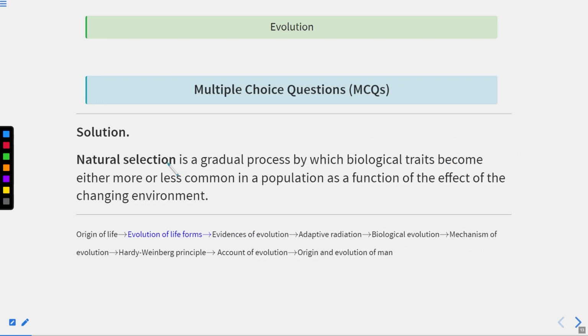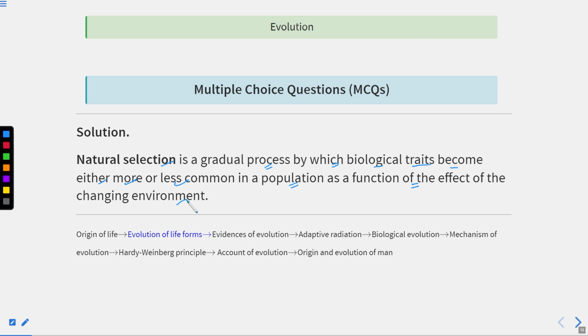Natural selection is a gradual process by which biological traits become either more or less common in a population as a function of the effect of the changing environment.